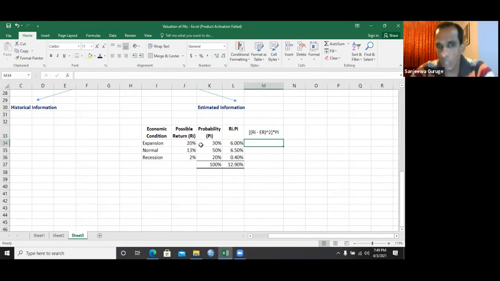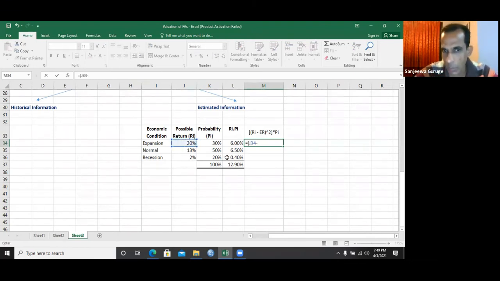So here, possible return is 20%, expected return is 12.9%. Possible return minus expected return, then we apply the squared value, and that should be multiplied by the probability of getting that return.